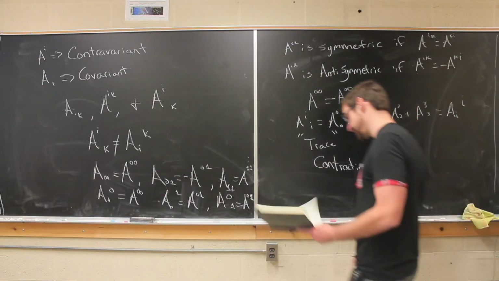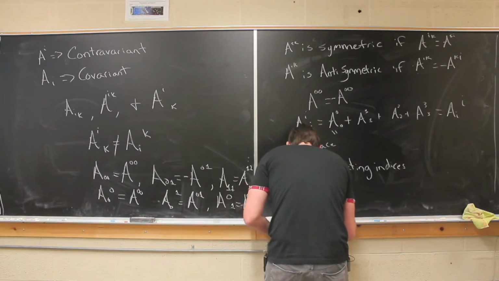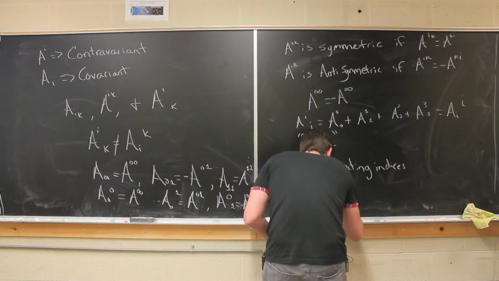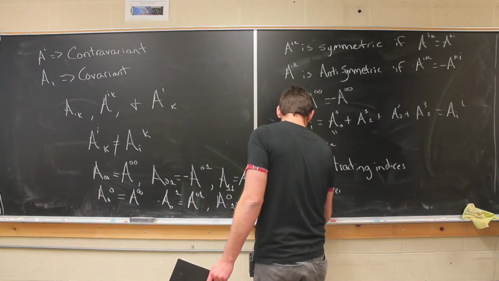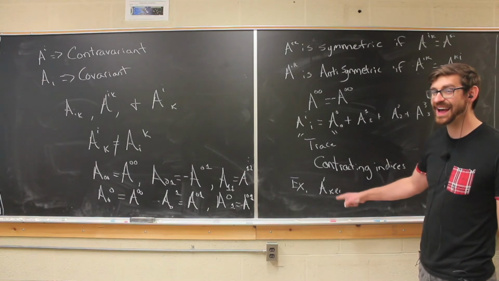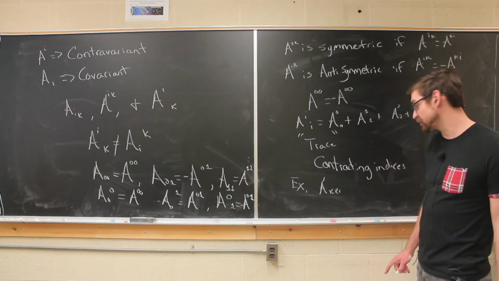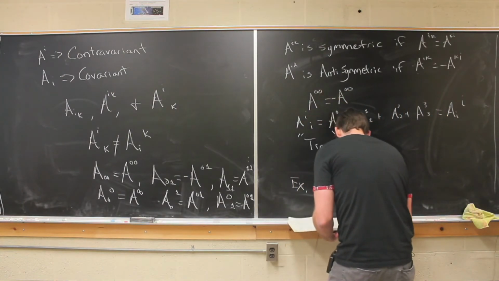For instance, this has 4 indices, so you might think it's a rank 4 tensor. But we have 1 index on the top, i, and 3 indices on the bottom, k, l, and i again. The two i's are the same, so we contract those indices. So actually, this turns out to just be a rank 2 tensor.